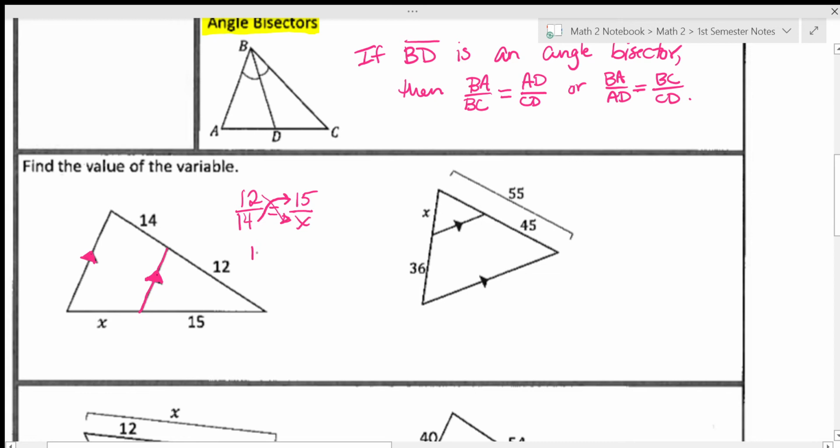This cross multiplication, guys, only works when we have a fraction equal to a fraction. So 12x equals 210. And when we divide both sides by 12, we get x equals 17.5.